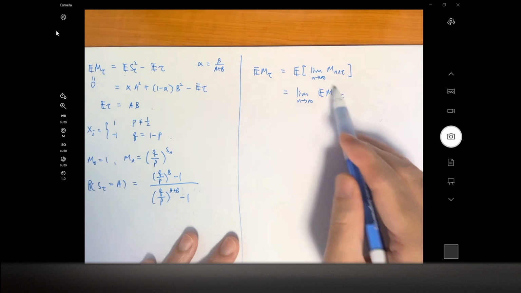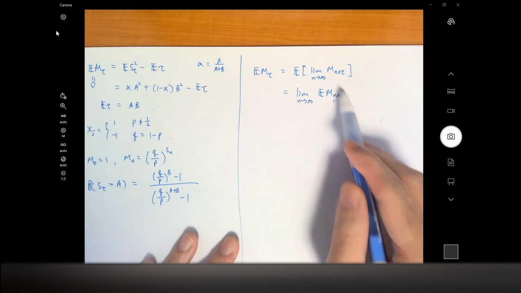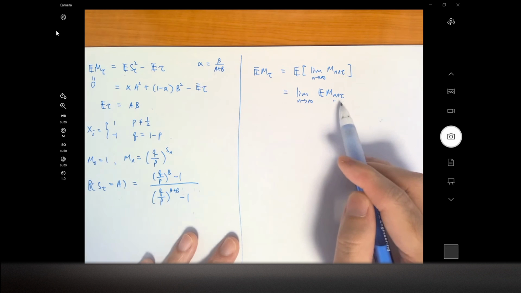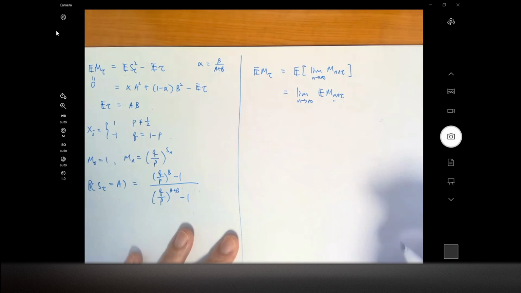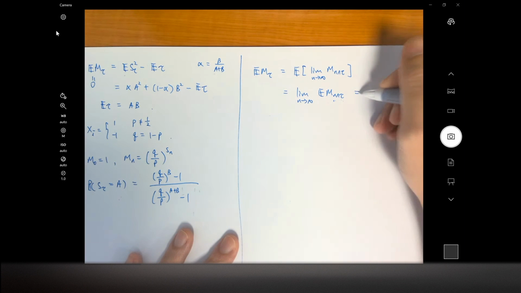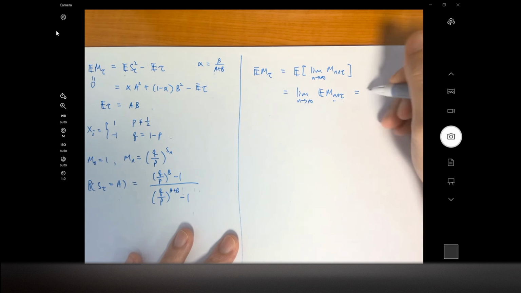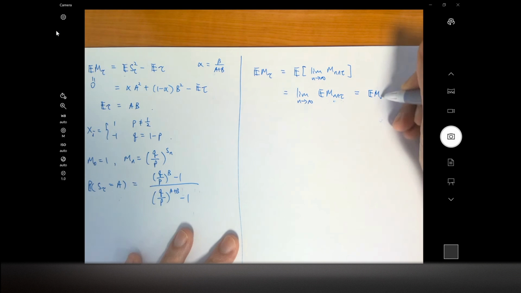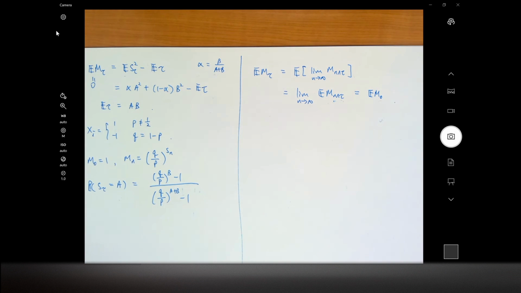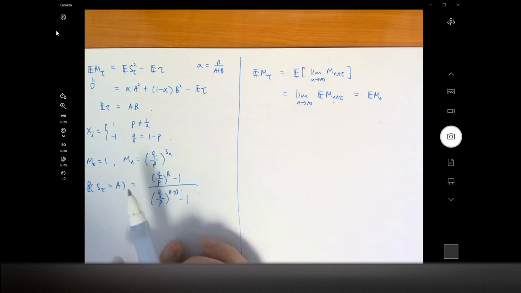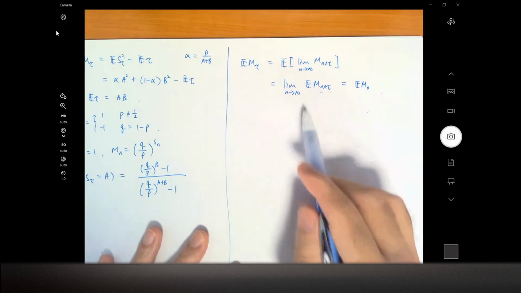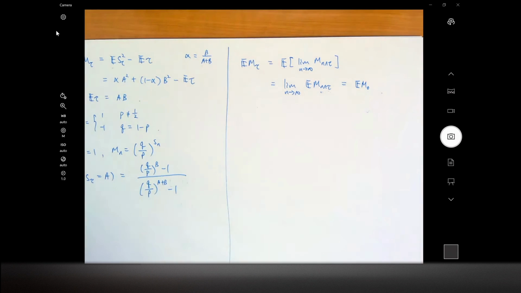So that we can now deal with a well-behaved martingale, so that the expectation of this is just the expectation of M0. So every term is equal to expectation of M0, therefore the limit actually doesn't do anything. It's just expectation of M0. So that was the general technique that we have been using in the example.